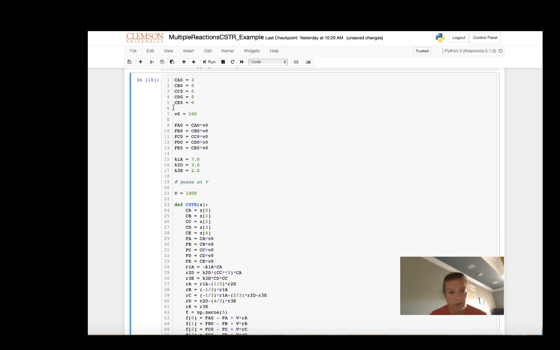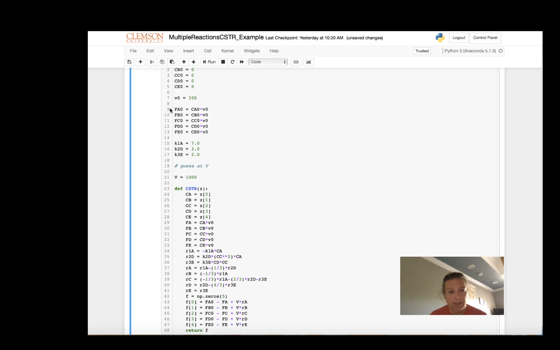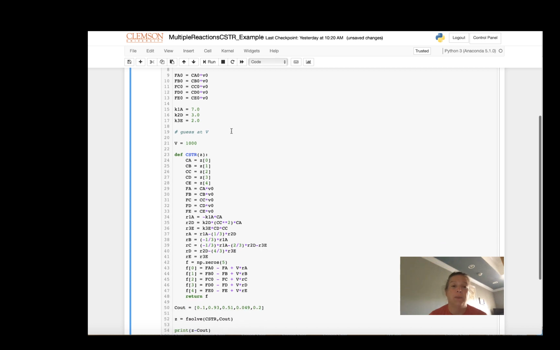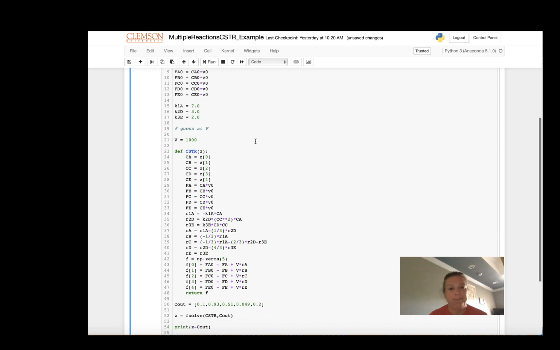We're given a volumetric flow rate, and since we want to write our mole balances in terms of flow rates rather than concentrations, we use the inlet concentrations and the inlet volumetric flow rate to convert. We're given the rate constants for the different reactions, and usually we're going to be given a volume. In this case, we're asked to solve for the volume.